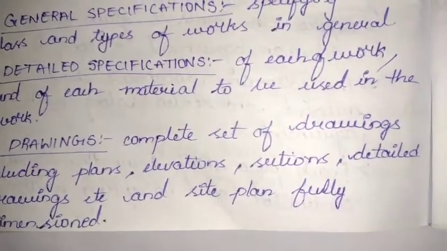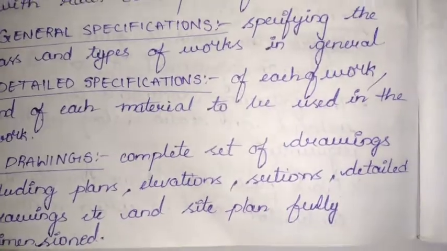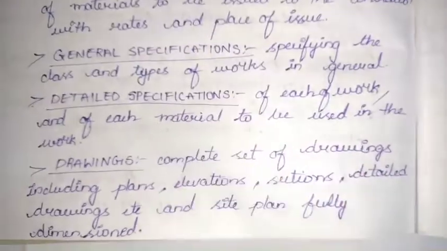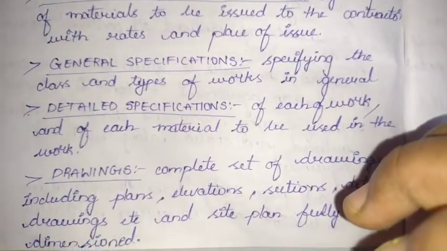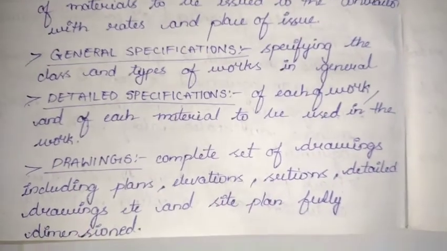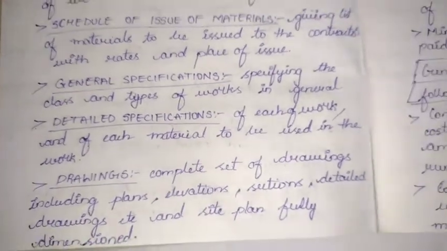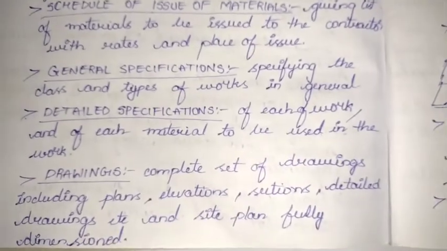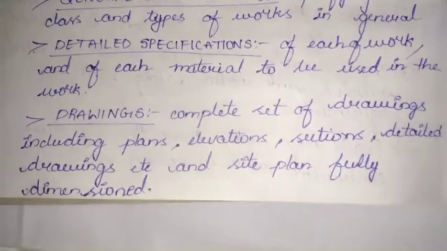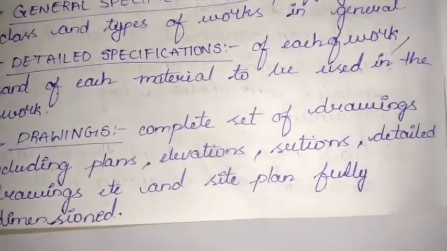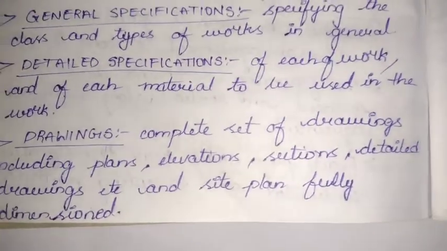If we are talking about a building floor plan, we can see the room dimensions and how each room is laid out. Next, elevation. Elevation is the front face. If we are seeing any building from the front side, we see the elevation of that structure.